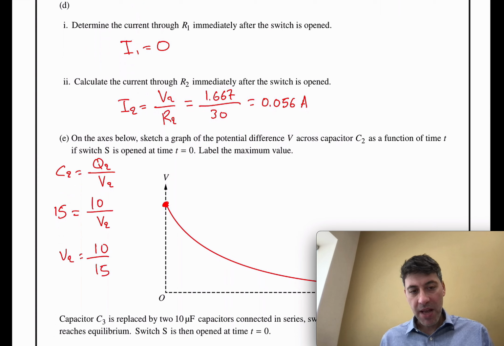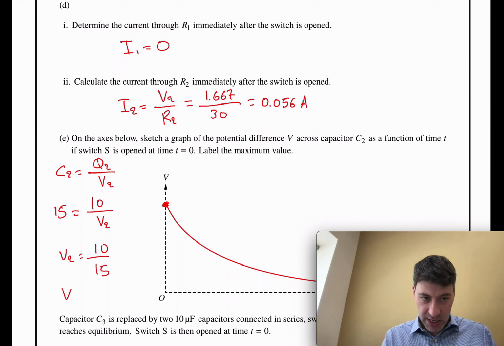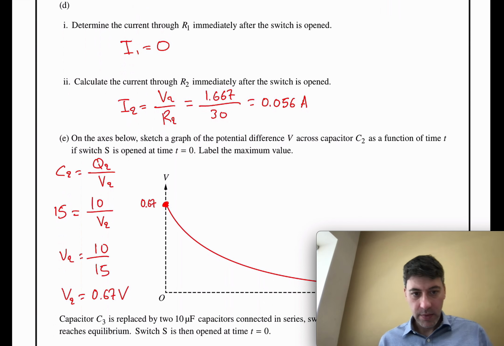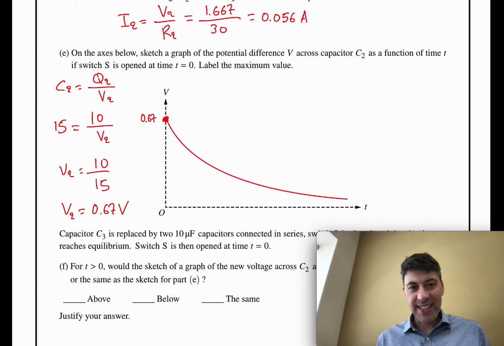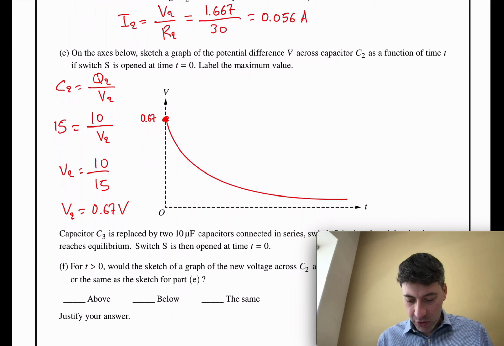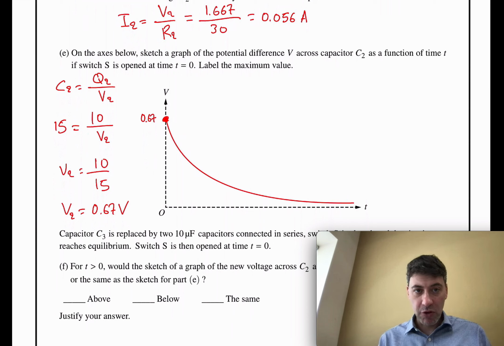The micros are cancelling, so we can use these values. So the V2 is 0.67 volts. And because the capacitor is discharging, the potential difference will be decreasing exponentially, tending to become 0 when it is fully discharged after some time.